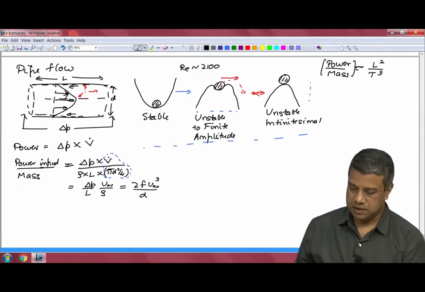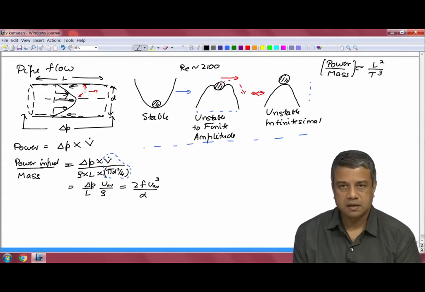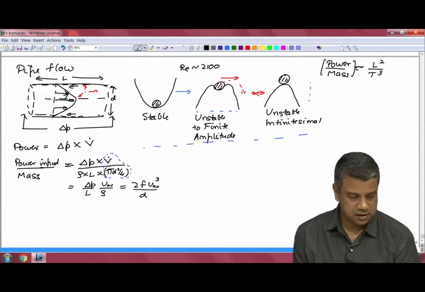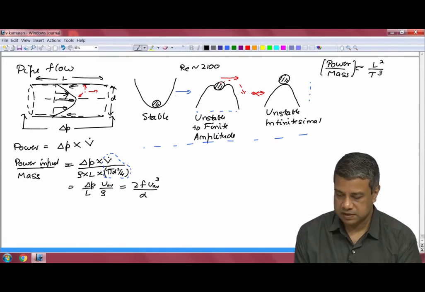And you can easily verify that this F is dimensionless, V has dimensions of L T inverse, and therefore, this has dimensions of length square per T cubed.